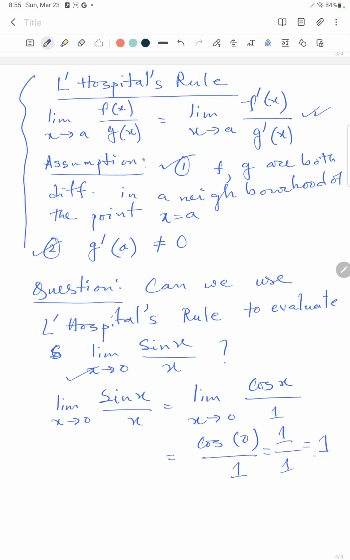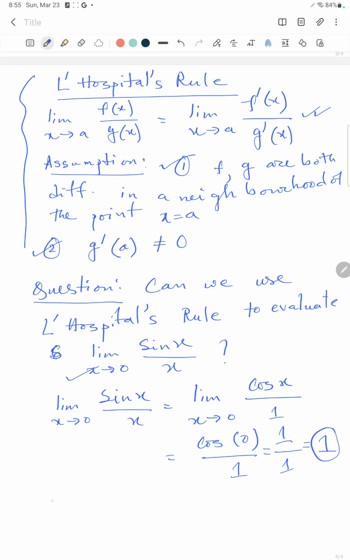So essentially we can say that we can find this limit with the help of L'Hopital's rule, but the fact is that there is a catch, that we cannot do such things. That's why.